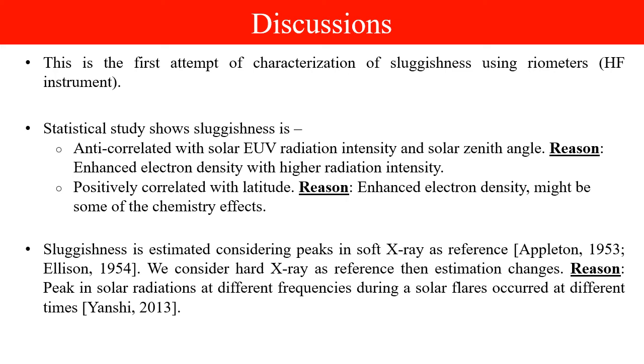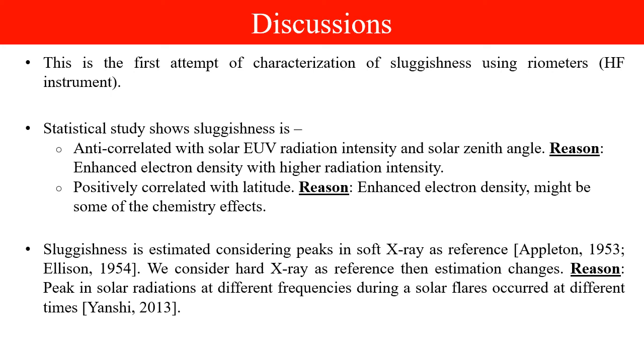The reason is enhanced electron density with higher radiation intensity. So as you have a lower amount of intense radiation coming in, whether in the form of a less intense solar flare, or because you are far away from the subsolar point, you have less electron density, which in turn produces higher sluggishness in your data.